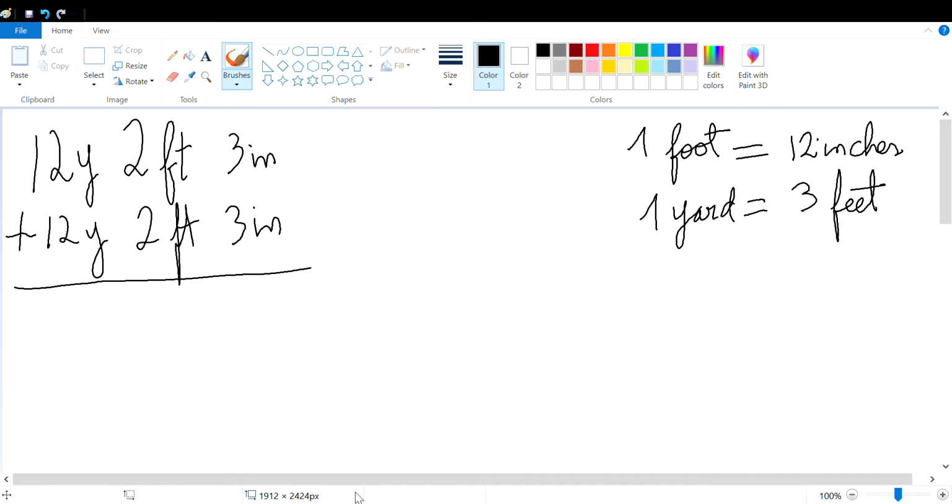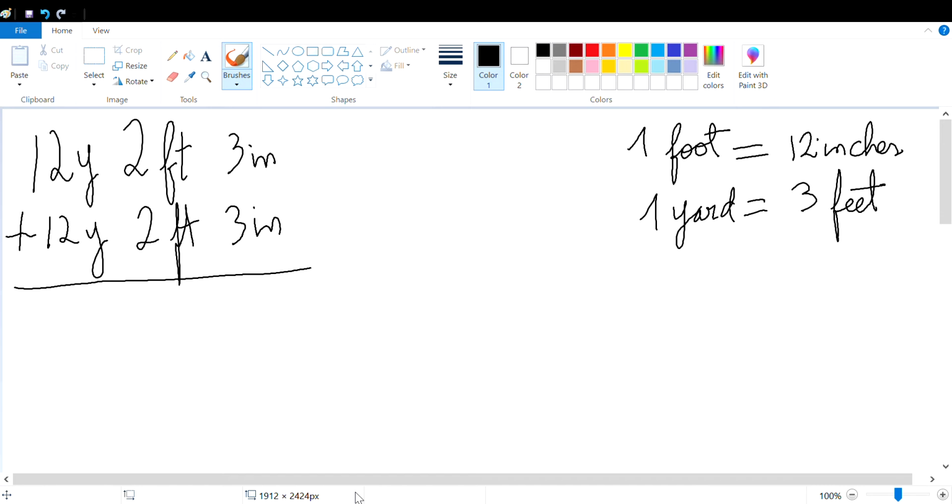The problem is a boy hit a baseball and it went 12 yards, 2 feet, and 3 inches. The question is how far would the catcher, or the other person, have to run if he ran to get the ball and then run back to the base with it?